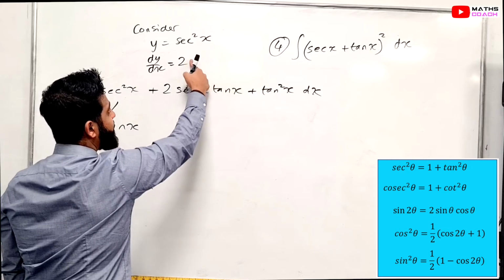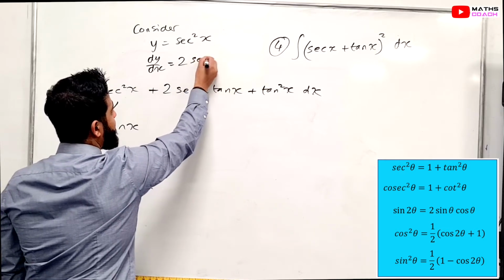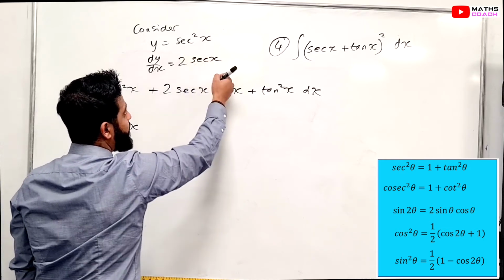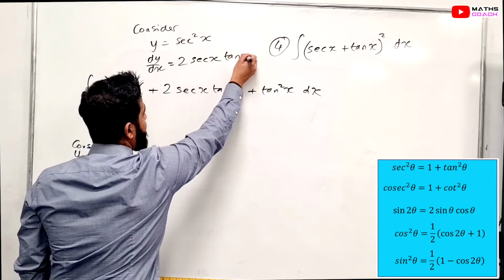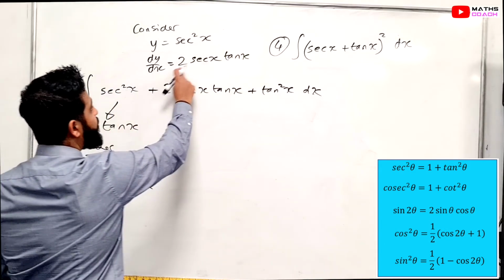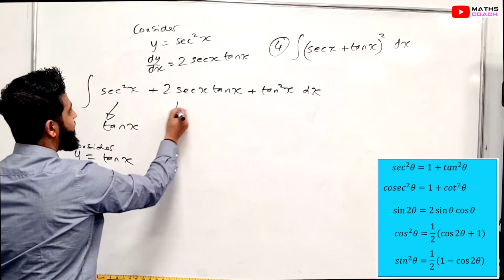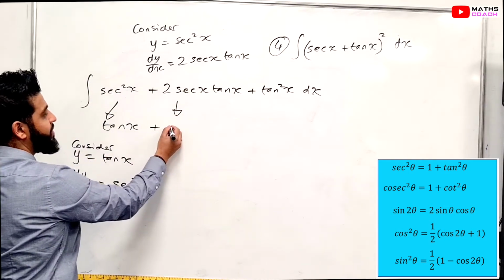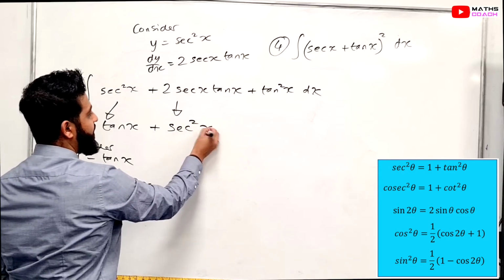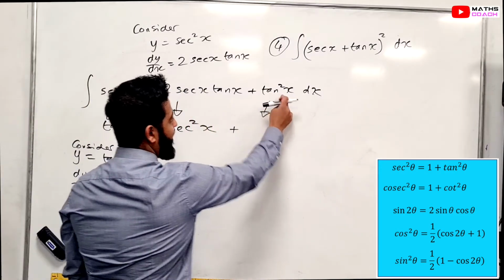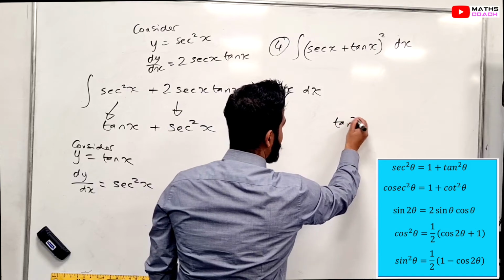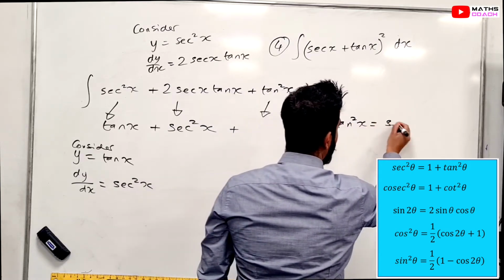What do you get? Sec x, and then differentiation of sec is tan. So you get 2 sec x tan x. Exactly what you want, right? So therefore, what's the integration of this going to be? Plus sec squared x.